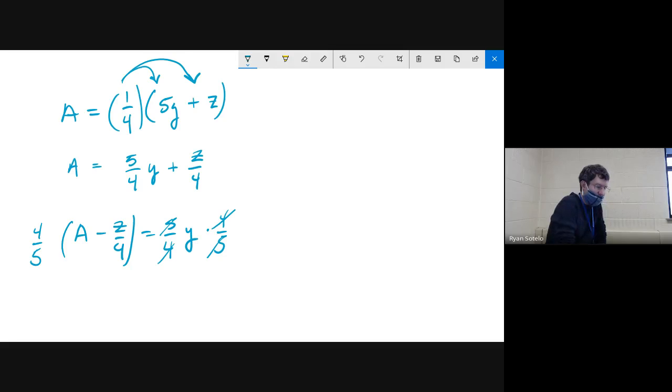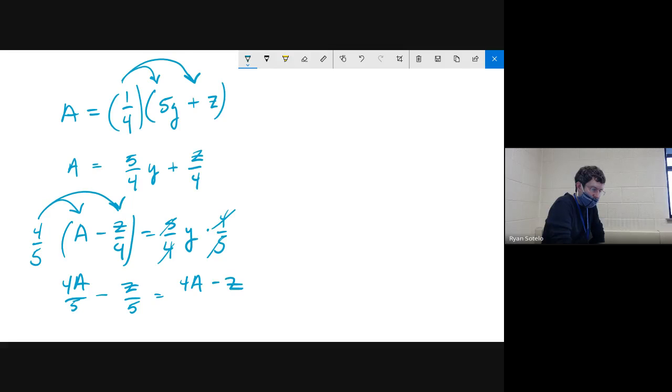So y is this, 4/5 of a minus z over 4. If I distributed that, which I can, I would get 4a over 5 minus z over 5, which is alternatively 4a minus z over 5.